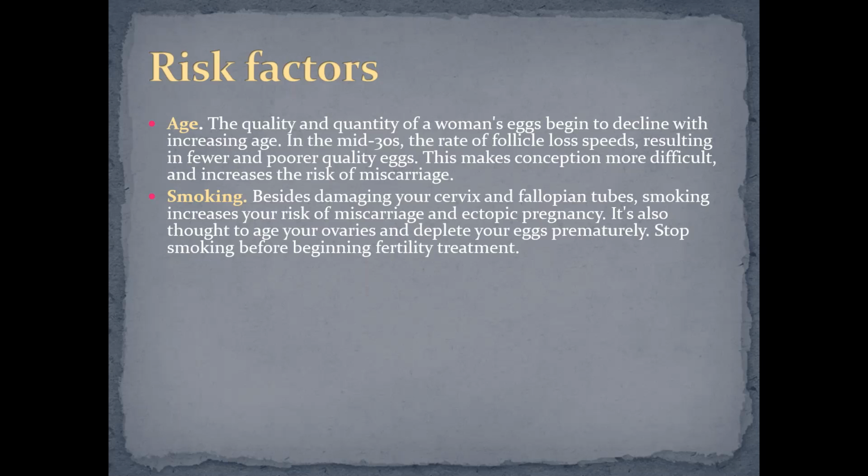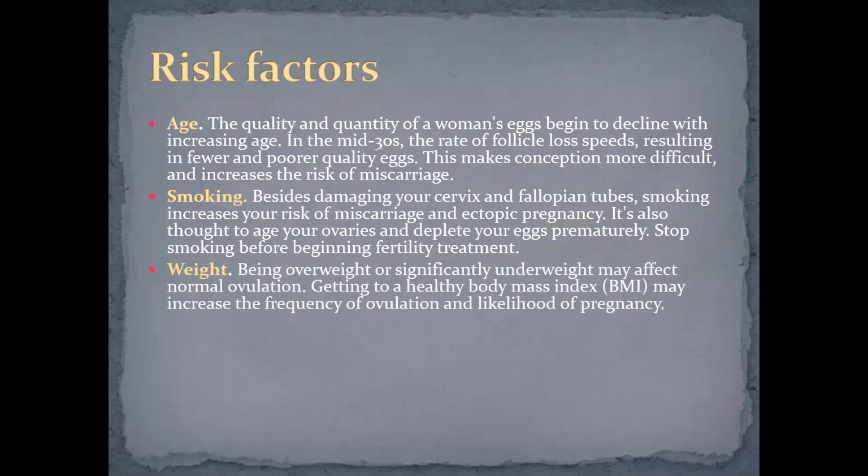Smoking is one of the most dangerous habits, and there is a recommendation for all women, especially those who are trying to conceive or are pregnant, to stop smoking and avoid smoking at all.